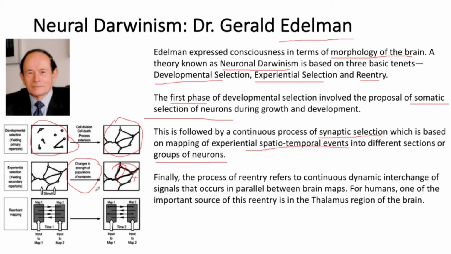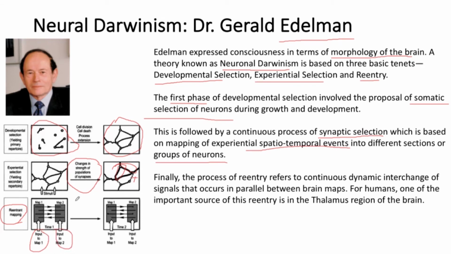And finally, there is a very interesting process of reentrant mapping that happens. What it tells is that consciousness is essentially a dynamic process where this reentry has to happen. Reentry means a group of neurons which will continuously crosstalk between each other, irrespective of what input is coming to one or to the other.